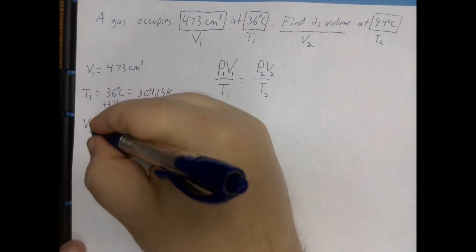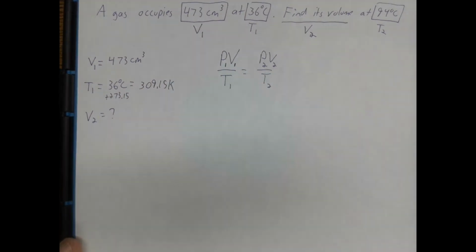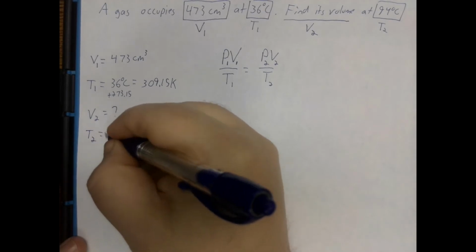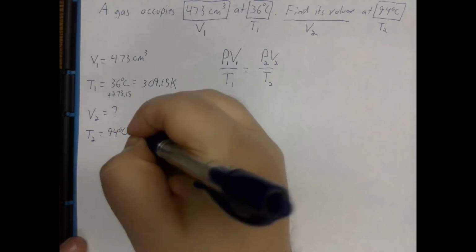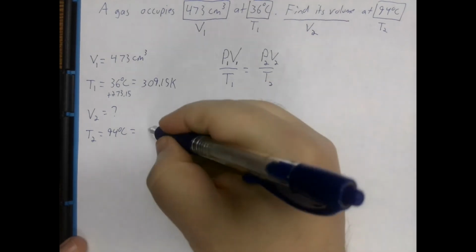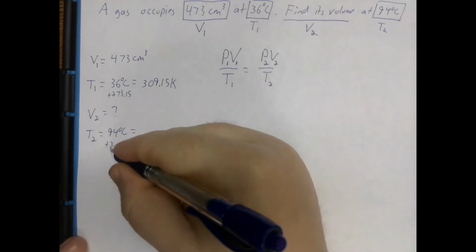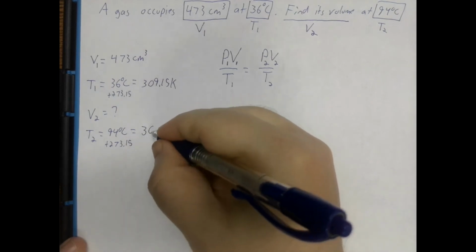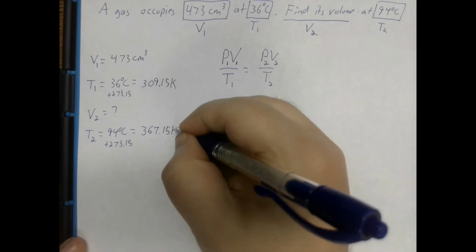And we are looking for final volume. Final temperature was given as 94 degrees Celsius, but because this is an absolute temperature, a specific temperature, we have to convert it by adding 273.15, making it 367.15 Kelvin.